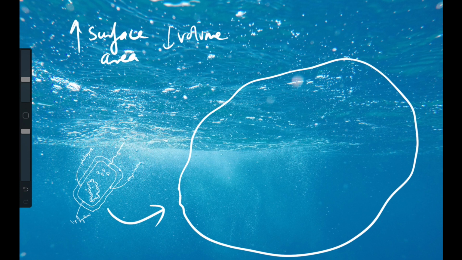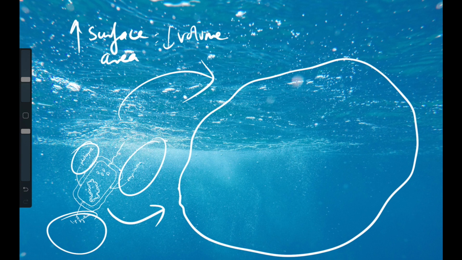So it's got a high surface area to volume ratio, which means all those functions that it was able to do on its cell surface membrane, there was plenty of membrane for it to do all those functions: photosynthesis, respiration, lipid synthesis, all those things. There was plenty of cell surface membrane for the size of the cell.